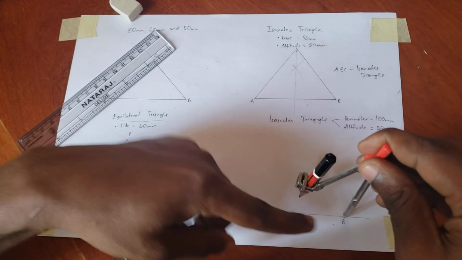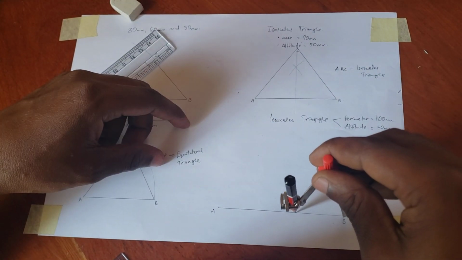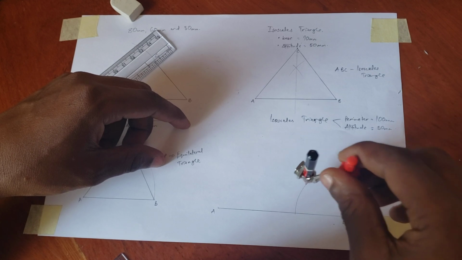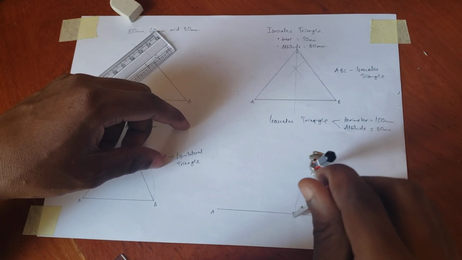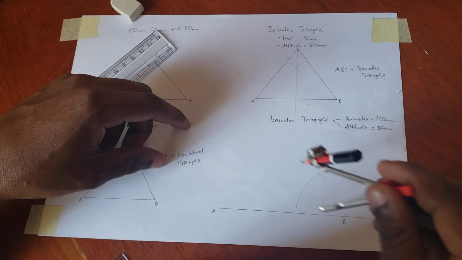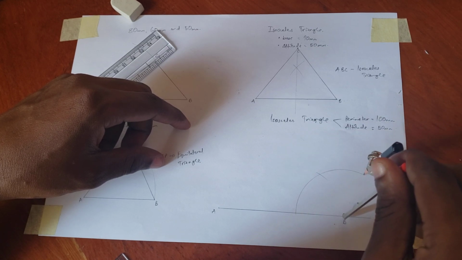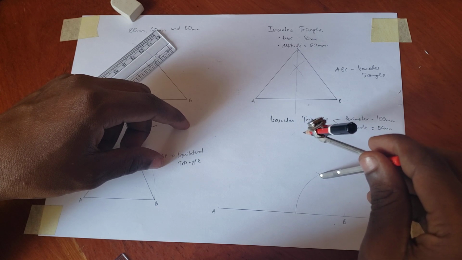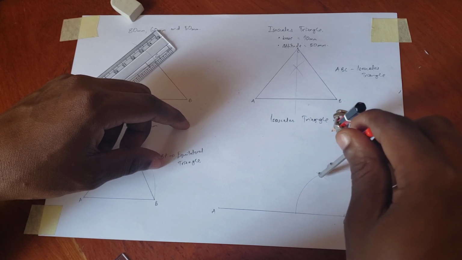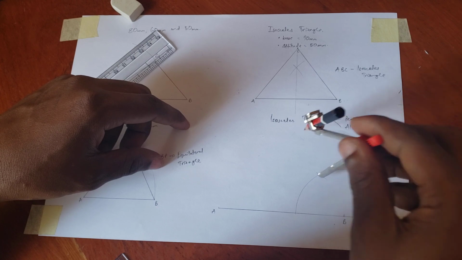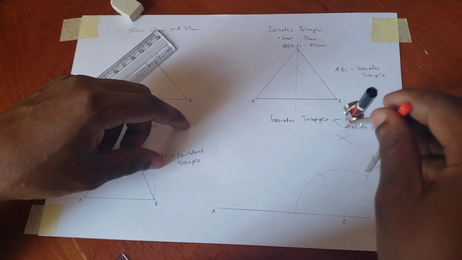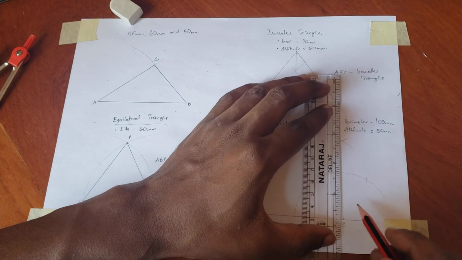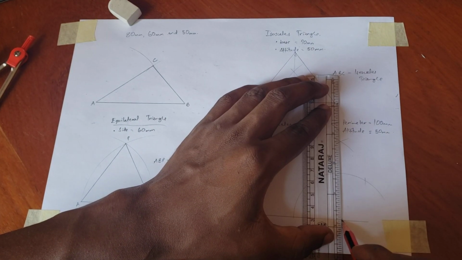Okay, now by any convenient length, we draw the semicircle. Then from here, draw an arc up and here. Thereafter, the point of intersection, we connect it to point B.